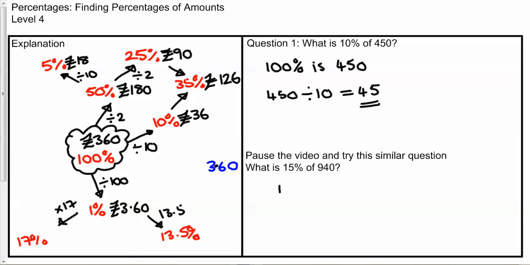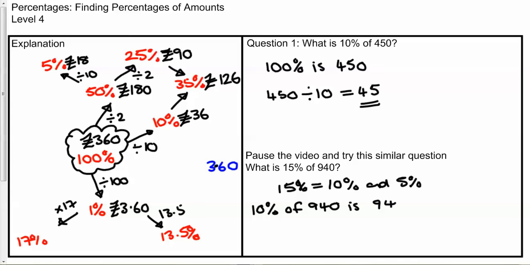If we want to find 15%, that's made up of 10% and 5%. So let's find those two values. 10%, which is easier to find, of 940 is when we divide by 10. So dividing by 10, we end up with 94. 5% is half of that.